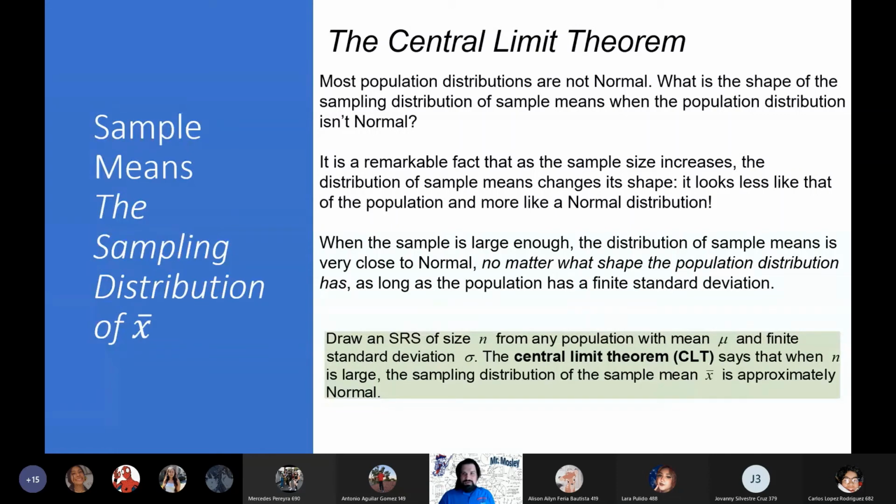Again, this is excellent news. Because now, even if our population isn't normal, if our SRS is large enough, we can do normal calculations. And we'll define what large enough is in a moment.